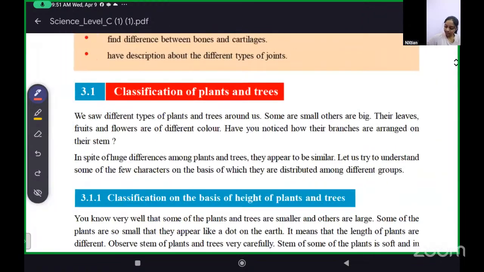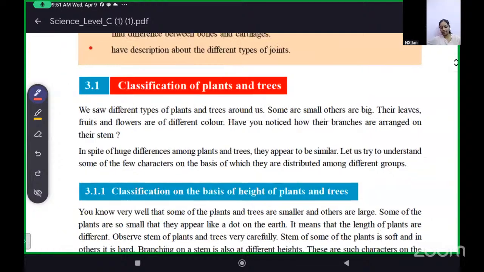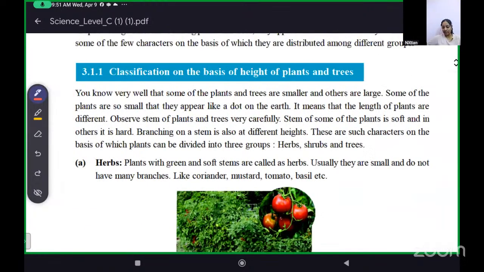Now we are going to talk about classification of plants and trees. How are they classified? The first classification is on the basis of their height, the height of the plant and trees.